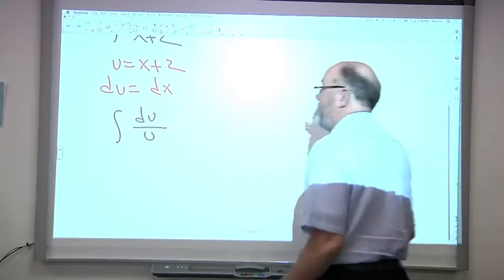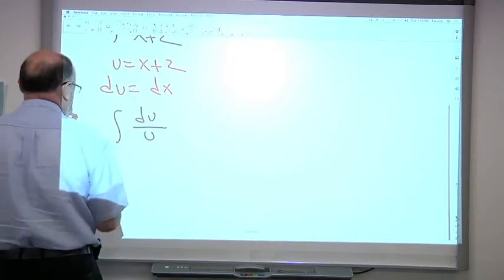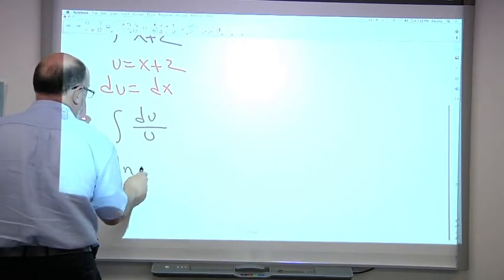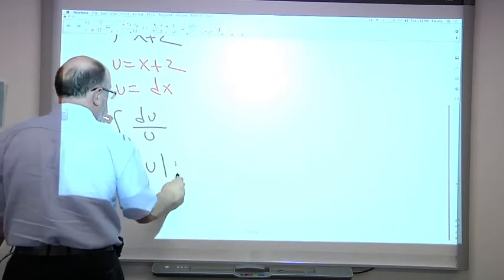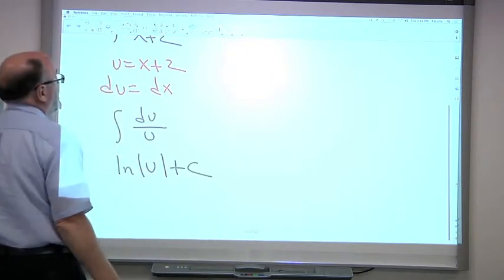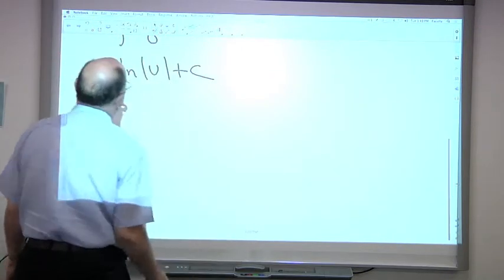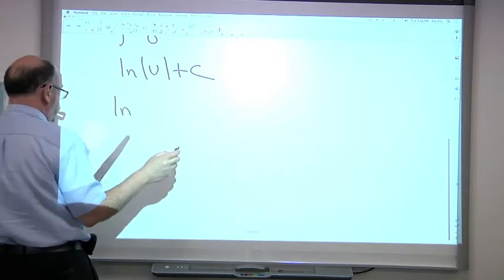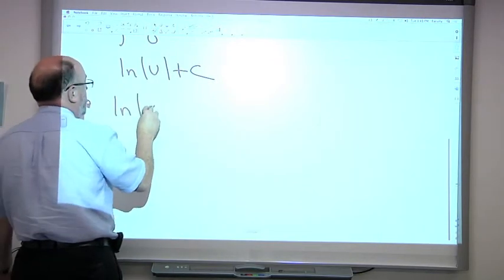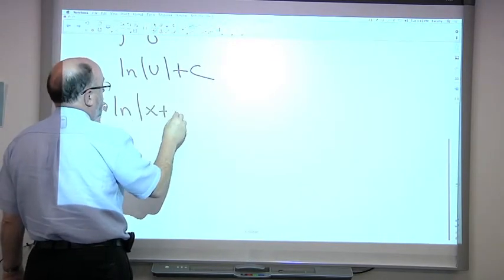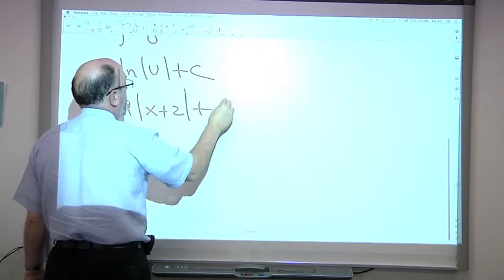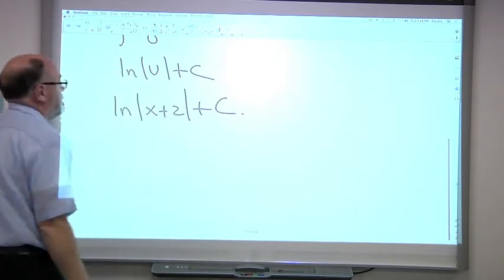And so when we integrate this, we end up with the natural log of absolute value of u, plus c. And then the last step is to substitute back in. And we end up with that.